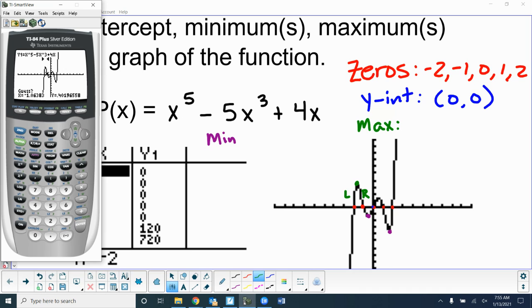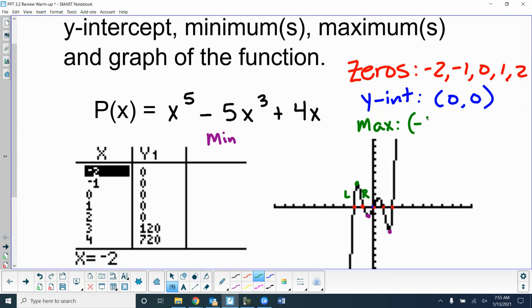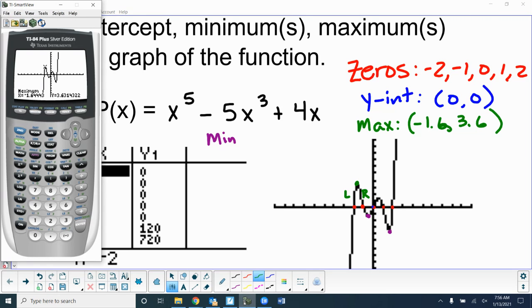Hit enter, and then guess. So that's -1.6, 3.6. Any issues getting to that? Calculator's working fine? Okay.